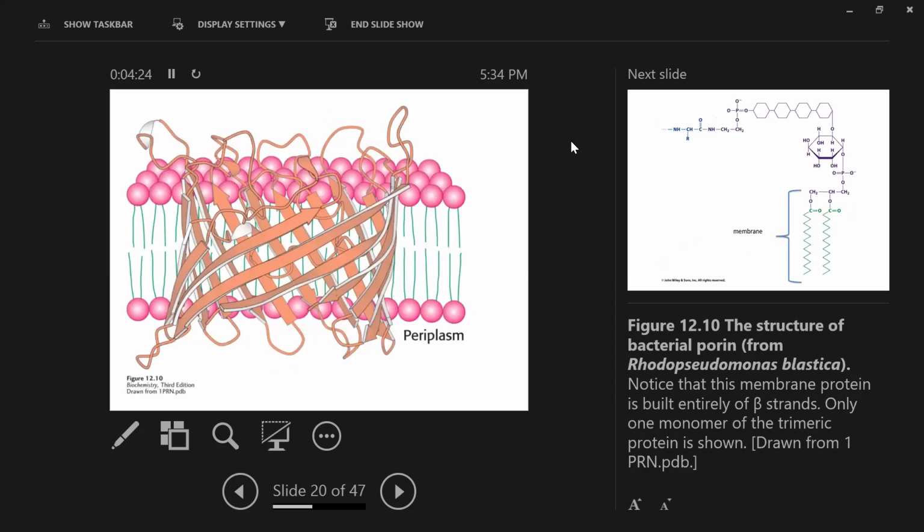We see beta strands here. Can anyone tell me if it's parallel or antiparallel? Yes, it's antiparallel because you have the arrows going in opposite directions. So this would be the amino terminus here, C terminus here, and the amino terminus and C terminus. Very good. We haven't talked about that in a while.